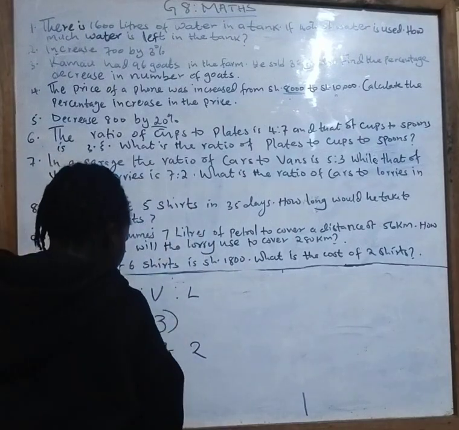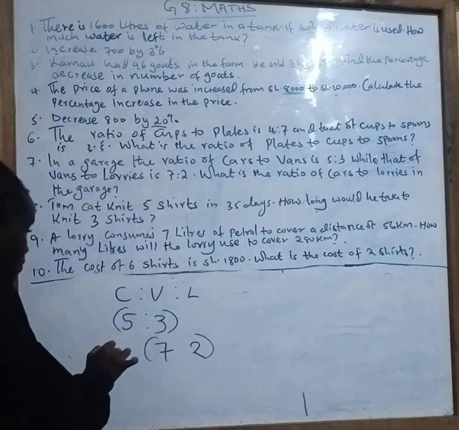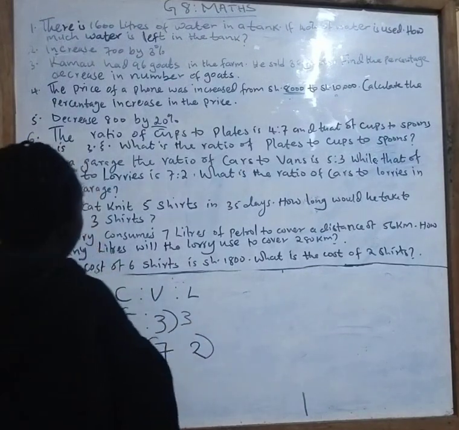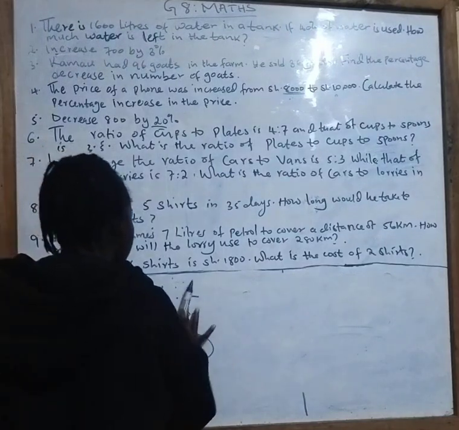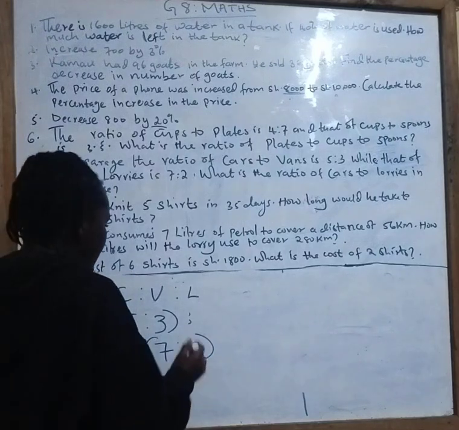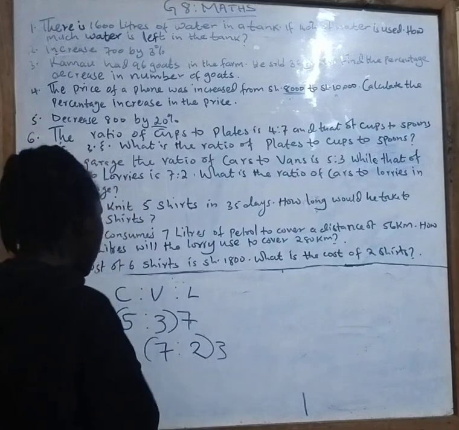Now, in the upper ratio, you will multiply it by 7, and in the lower ratio by 3.